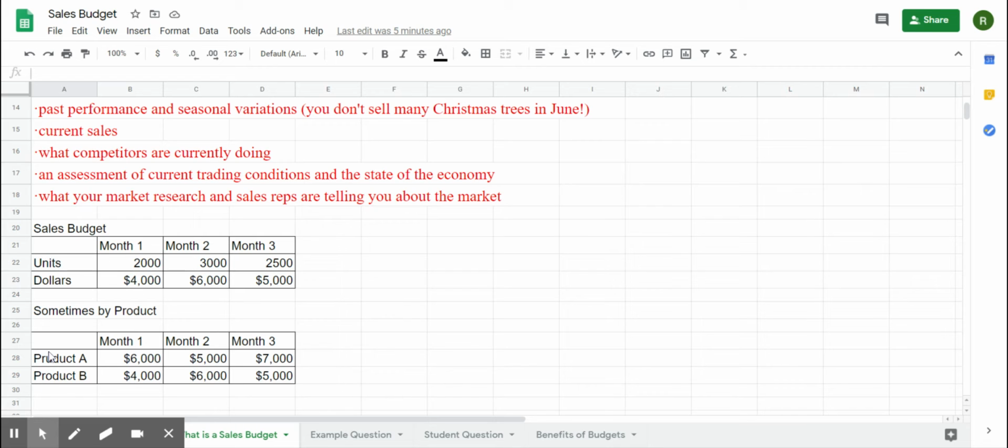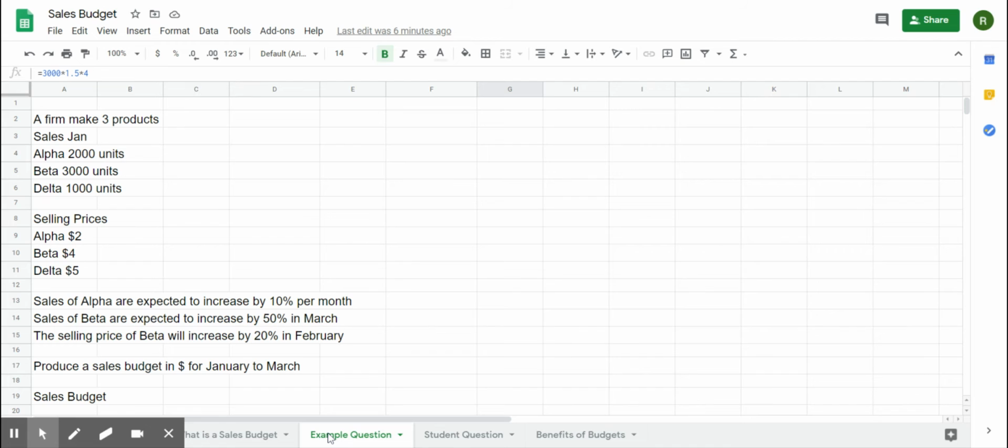And you will sometimes be asked to do it in terms of individual products. So here we've got product A and product B, and the sales of product A are expected to be $6,000 in month 1, $5,000 in month 2, $7,000 in month 3.